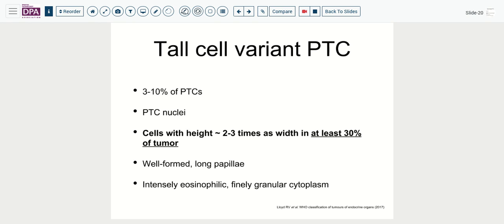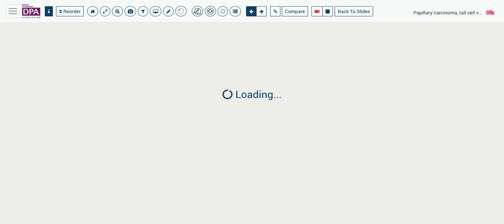In addition, these tumors will tend to form rather long papillae, and they have quite eosinophilic and somewhat granular cytoplasm. So this is the key determinant, 2 to 3 times their width and height, accounting for 30% of the tumor, papillary nuclei and long villus-like structures.